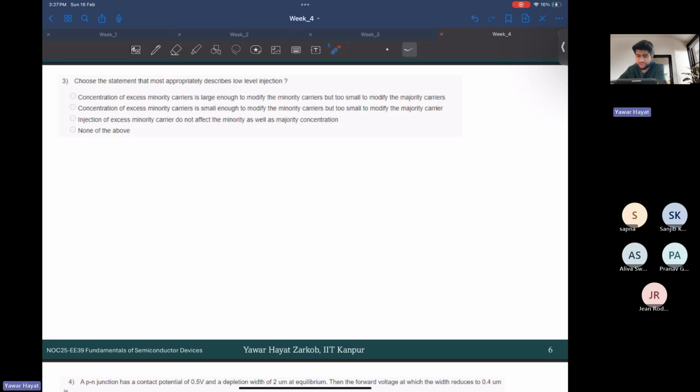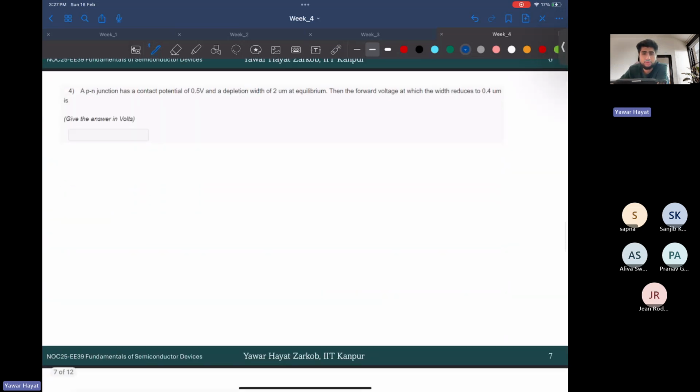In low level injection, your concentration of the excess minority carriers is large enough to modify the minority carriers, but it's very small to modify the concentration of the majority carriers. That is the reason your option one is correct for this one. We'll move on to the next one.